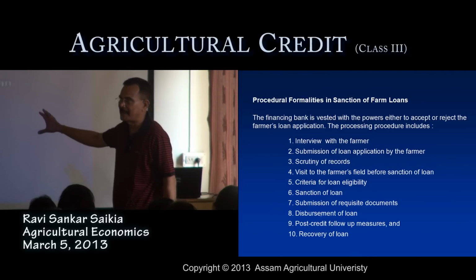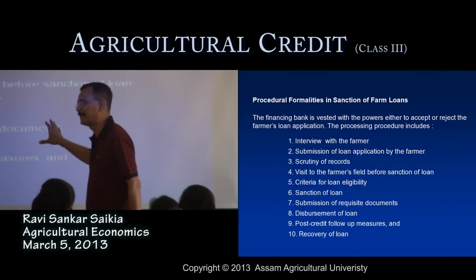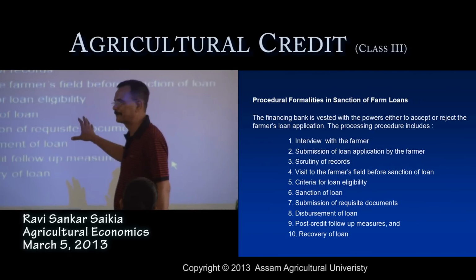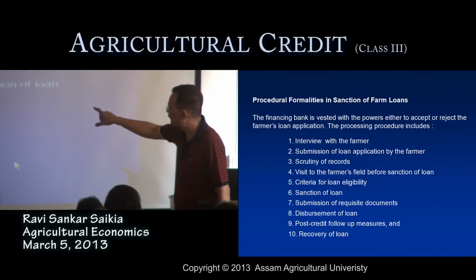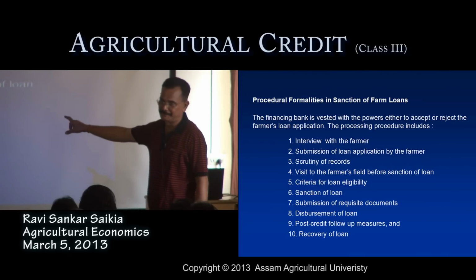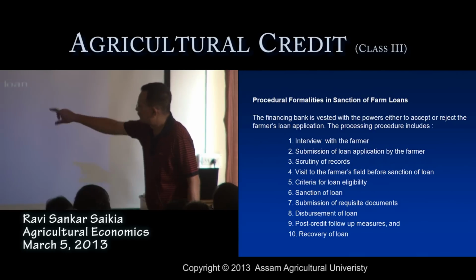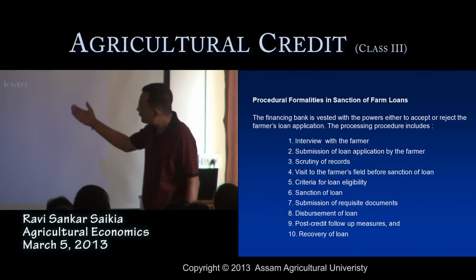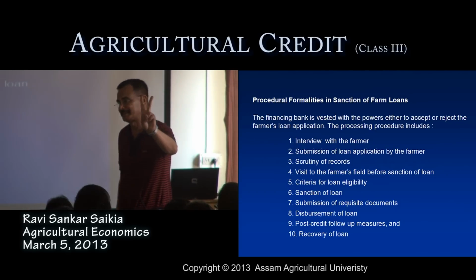I will give you the different types of eligibility criteria considered by the banking organizations before disbursement of the loan, and they will check whether the farmers fulfill all of them or not. Then they go for the sanctioning of the loan. After sanctioning and disbursement, mind it, these are two things.